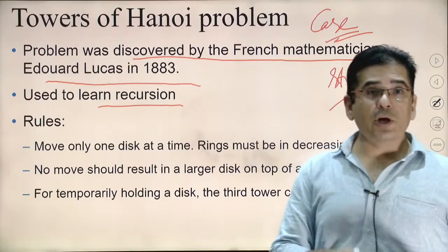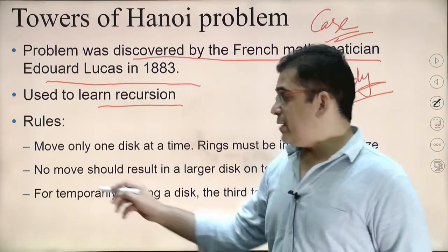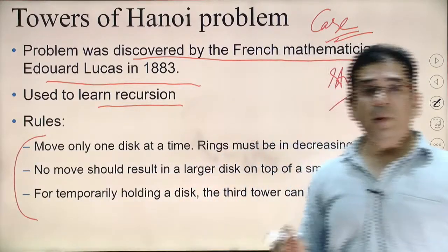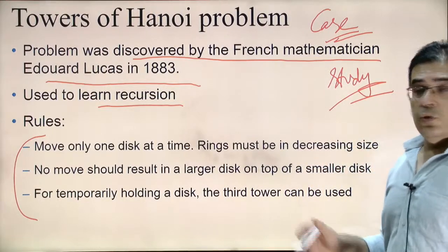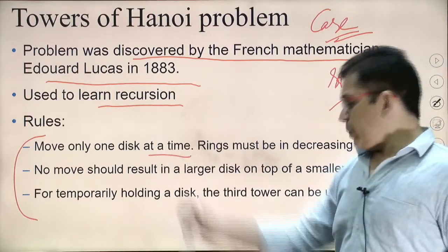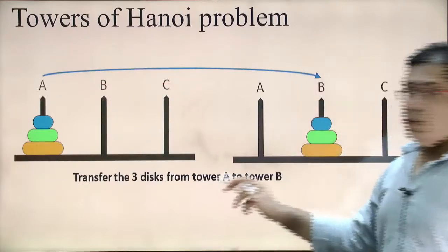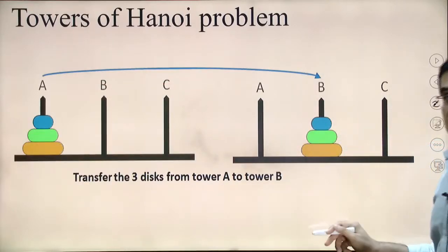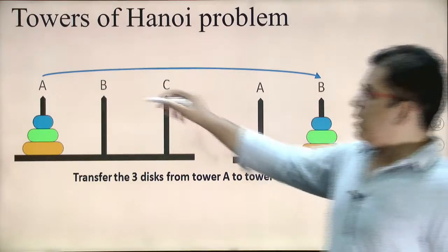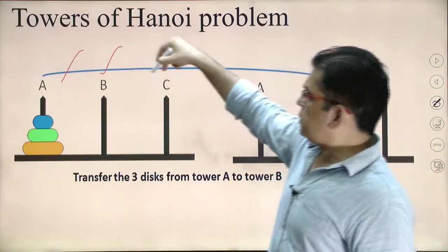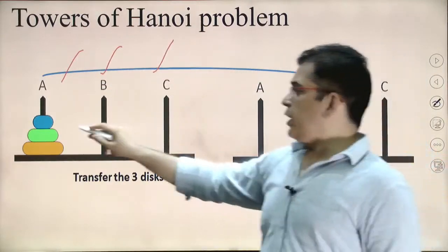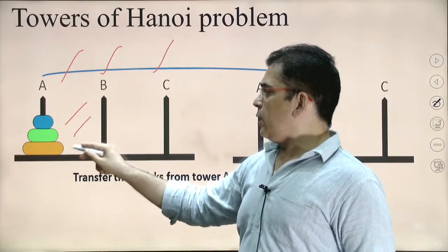This is actually a puzzle or game which has 3 rules. You need to remember 3 rules. You need to move only one disk at a time. I will show you one diagram. This is the pictorial representation of the Tower of Hanoi problem. There are 3 poles A, B, C, and 3 disks: blue, green and orange.